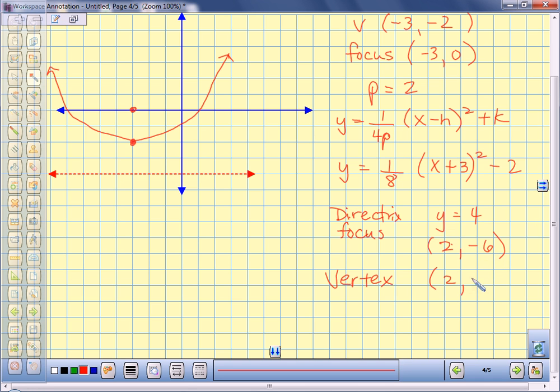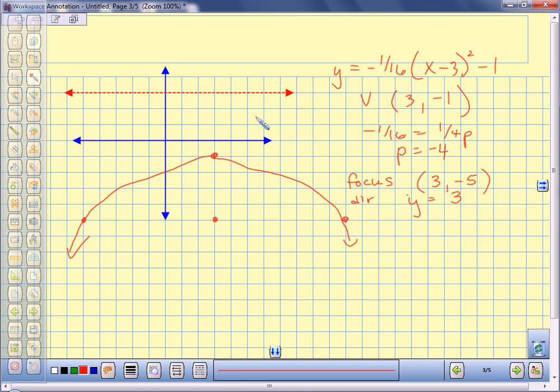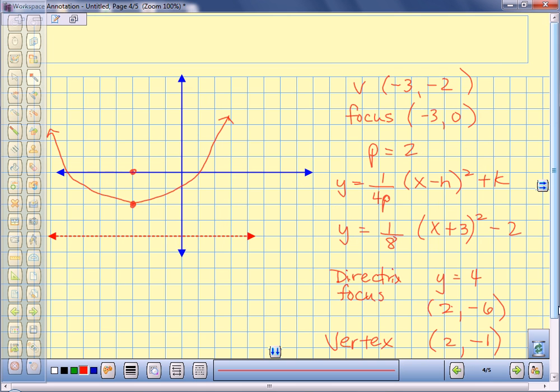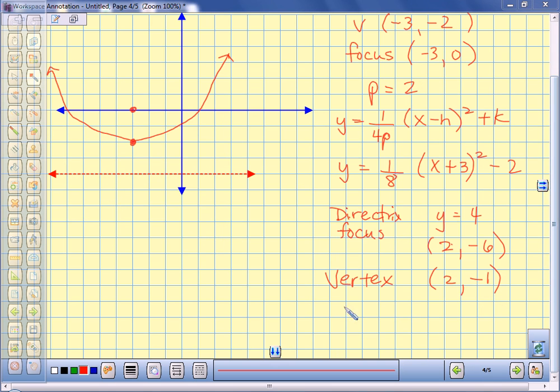How can we figure out which way it's opening? If we look at this, the directrix is above the focus. Well, when the directrix is above the focus, we know it must open down. So now we know it's going to be y = x minus 2 squared minus 1.